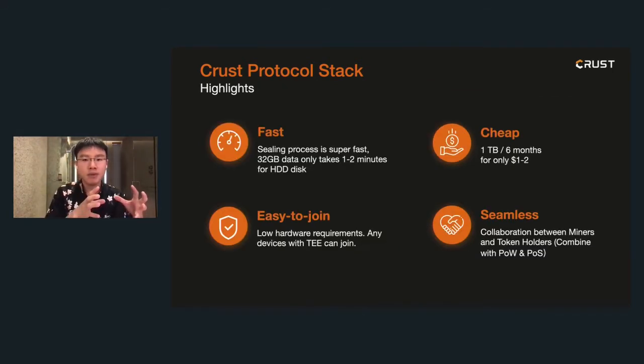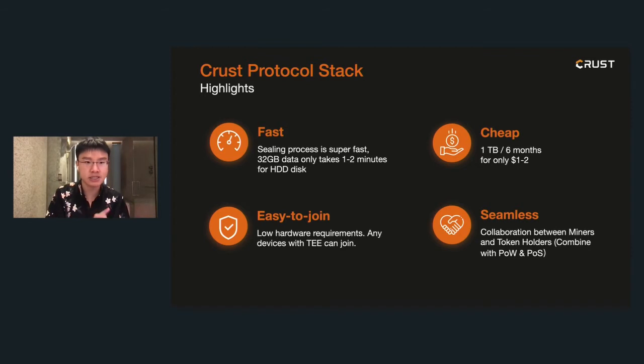Okay, so next, let me give you guys some highlights about the Crust Protocol stack. The first highlight is that Crust's sealing process is super fast. As for the benchmark, sealing 32 gigabytes of data only takes 1 to 2 minutes for an HDD disk.